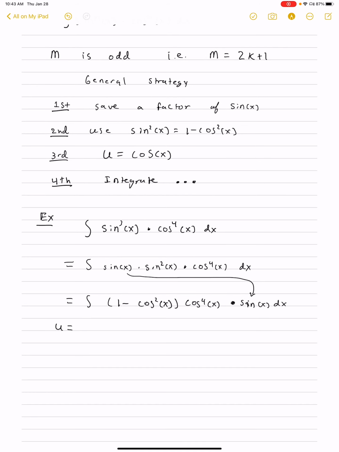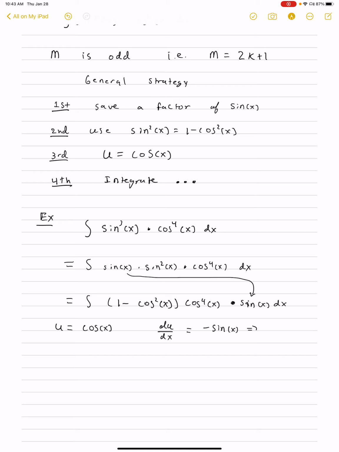My u substitution is going to be equal to cosine of x. Okay. And now du over dx, the derivative of cosine, is going to be minus sine of x.